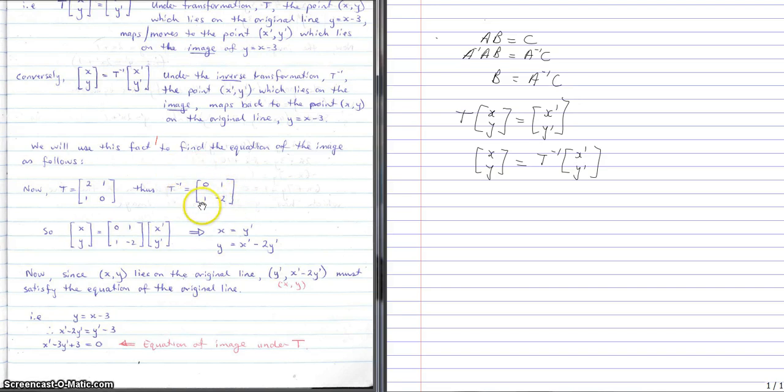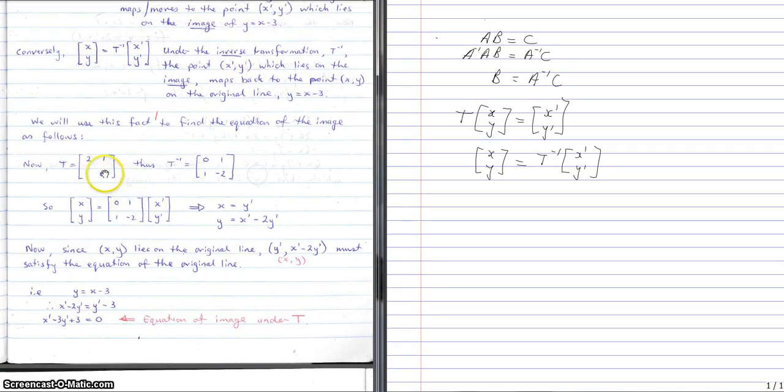If you can't quite remember, just go back and check how you find the inverse. And so by rearranging, we find that our original (x, y) could be found by applying our inverse matrix 0, 1, 1, negative 2 to (x', y').